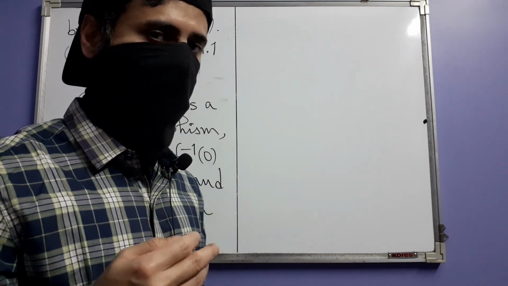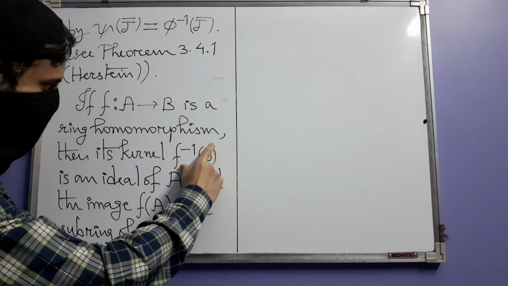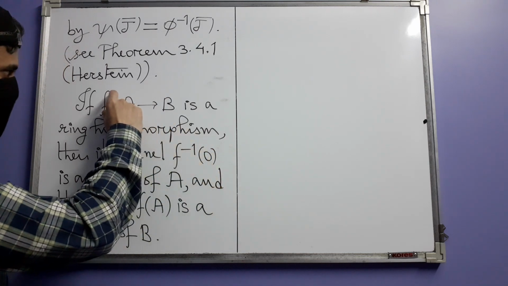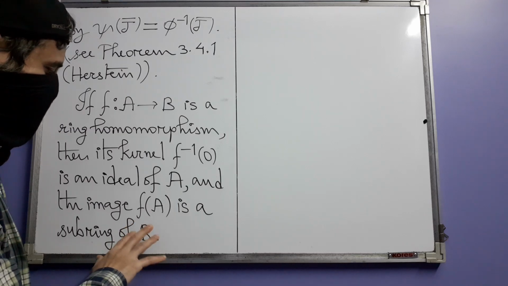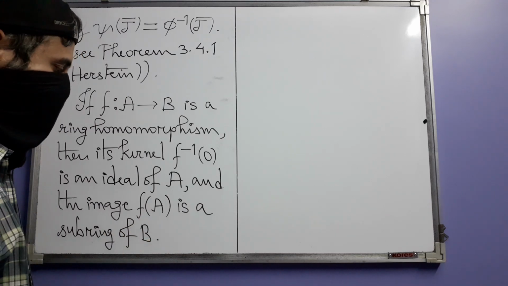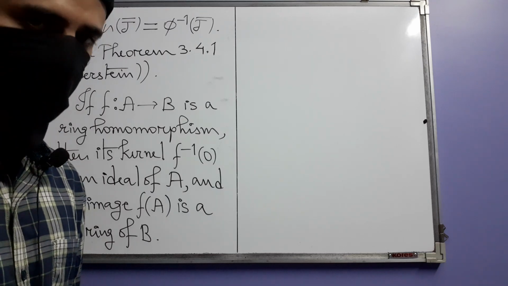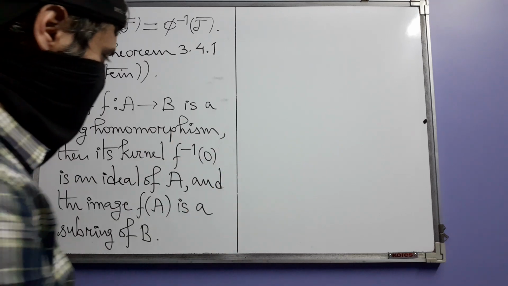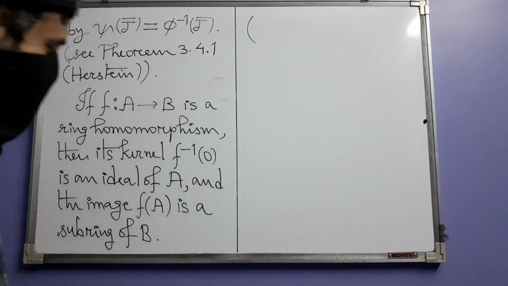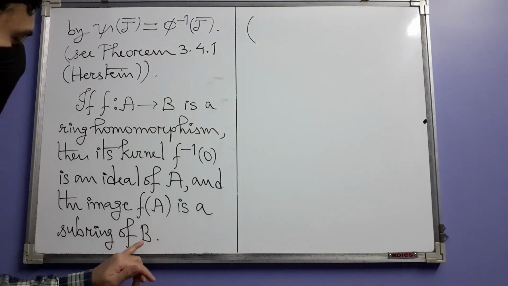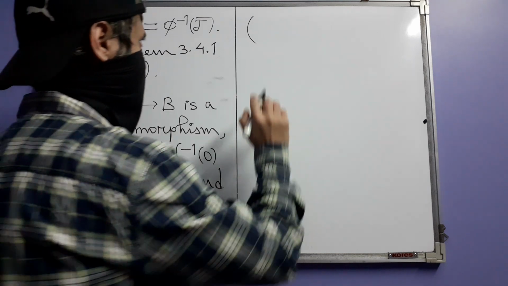And that's how the idea of ideals came. Okay, so it's already familiar to us that this is an ideal of A. But this we need to verify. So let's just go through the verification sketchily. Sketchily means I won't really write sentences. Let us just show here only the details of how f of A is a subring of B.